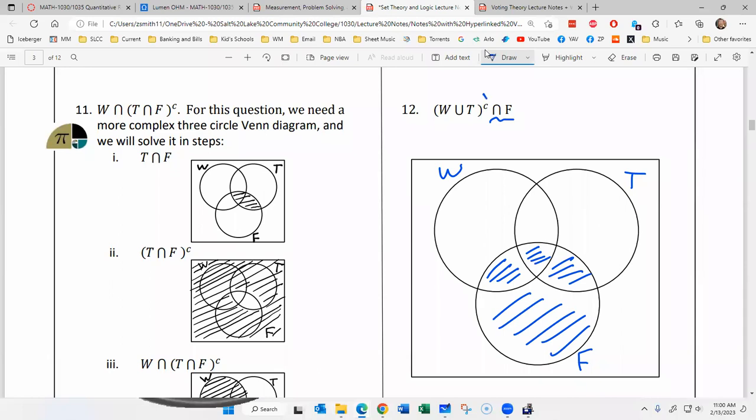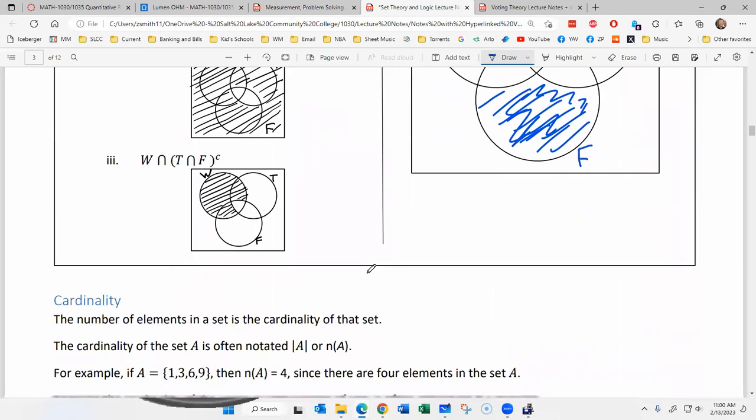This says it's outside of what's in W and T. So because we're outside W and T, none of this stuff works. So now we're looking at what's inside of F and outside of both W or T. That's our final answer. Okay, this is mostly to understand the union, the intersection, and the complement, what those mean.